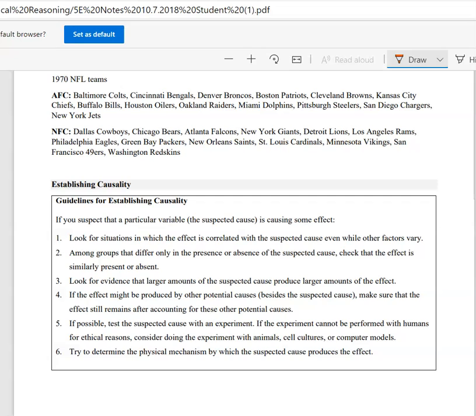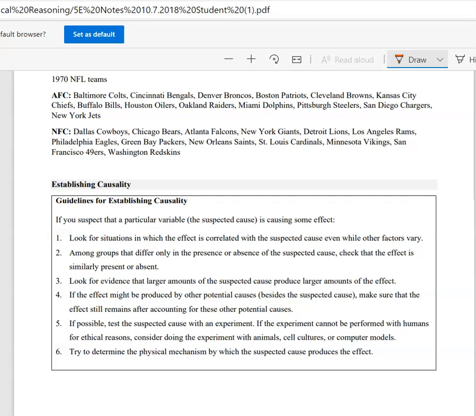You can also look for evidence that larger amounts of the suspected cause produce larger amounts of the effect. Number four, if the effect might be produced by other potential causes besides the suspected cause, make sure that the effect still remains after accounting for those other potential causes. And if possible, test the suspected cause with an experiment.